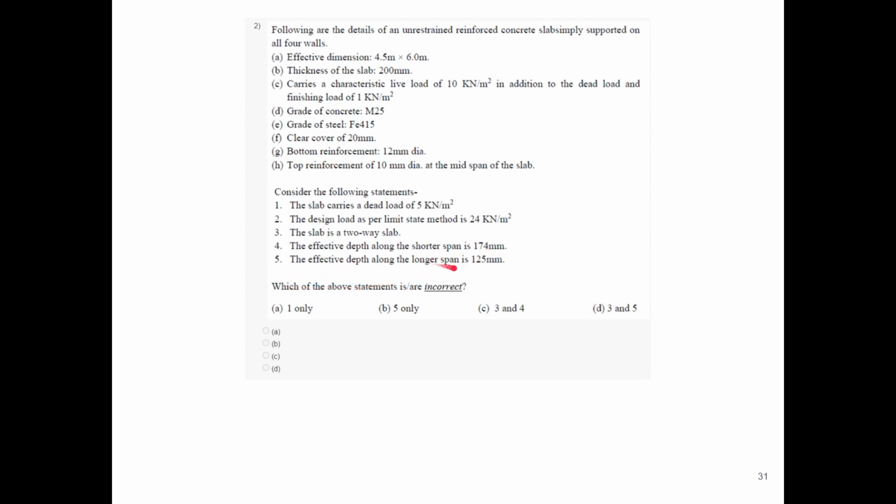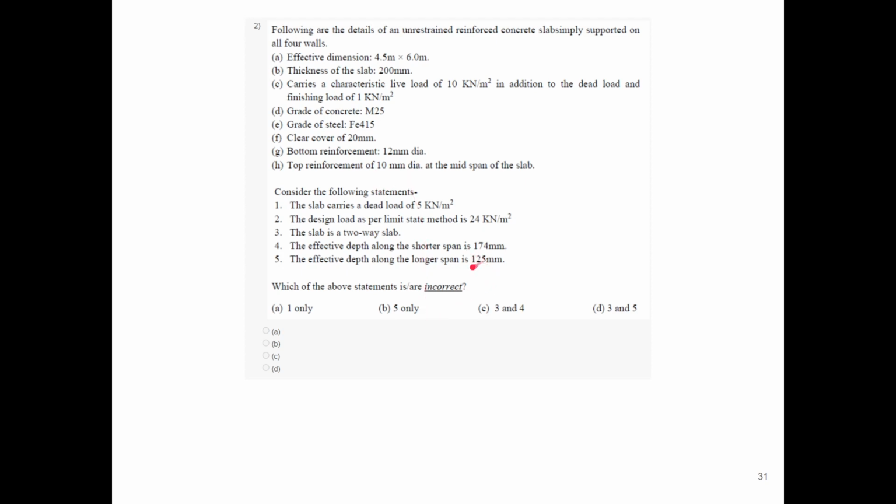And the effective depth along the longer span will be how much? 200 minus 20 minus 12 minus 10 by 2, right? So 200 minus 20 is 180, right? 180 minus 12 is 168, right? 168 minus 10 by 2 is 163, right?